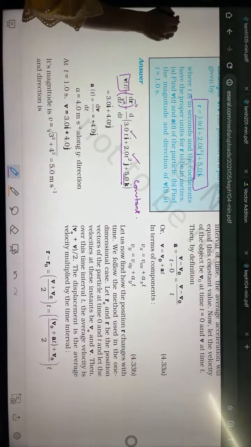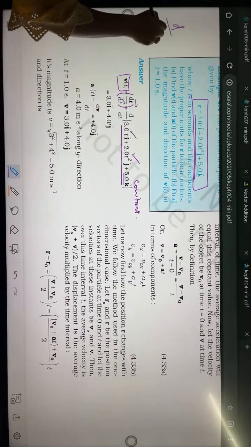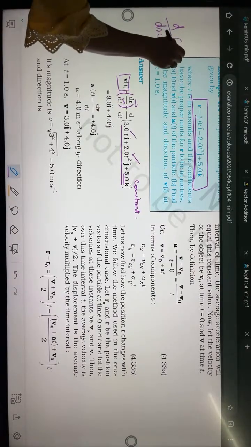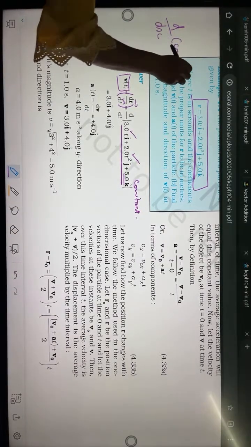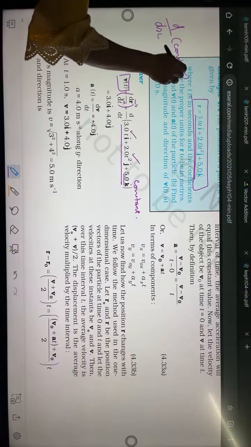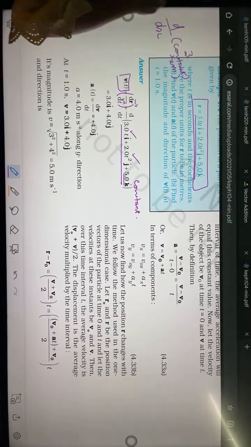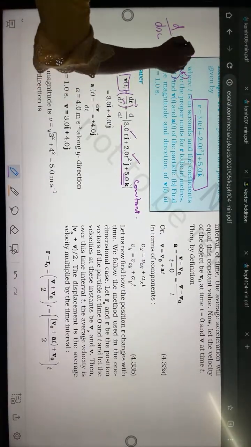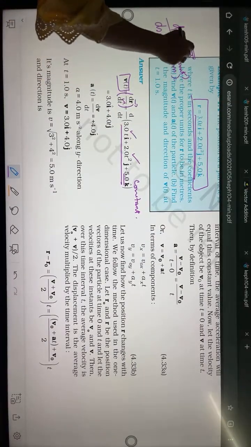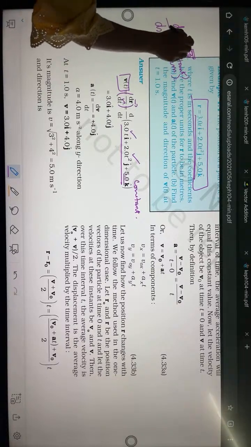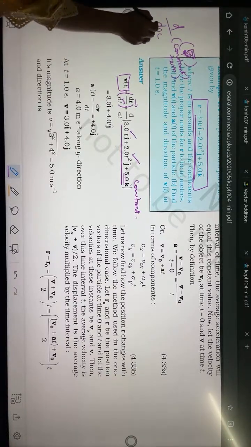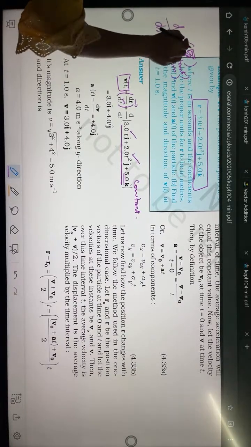I have told you already, if you want to differentiate a constant term, how can you write the constant term? Like x power 0. Very good, x power 0, right? That means if there is 3 here, or 5, how can you differentiate 5? You need to treat this 5 as a constant term.